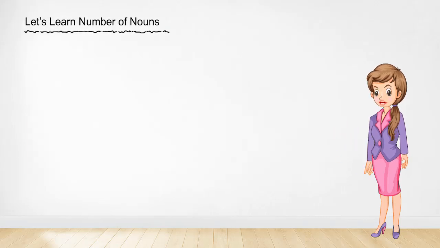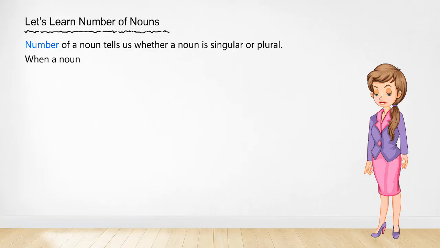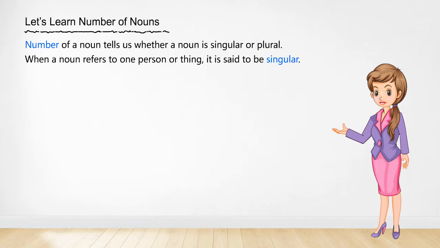Let's learn number of nouns. Number of a noun tells us whether a noun is singular or plural. When a noun refers to one person or thing, it is said to be singular.